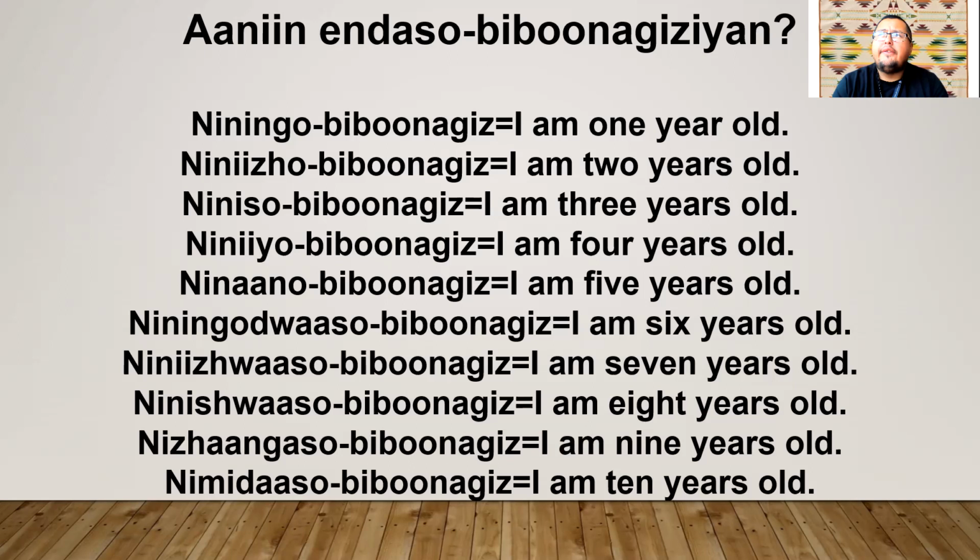No matter if you're a child, if you're an older adult, you're an elder, you can add on to your self-introduction by adding this and telling people how old you are. And we'll get more into adding more to our self-introduction in future lessons. But for this lesson number 44, we're just going to work on 1 through 10.